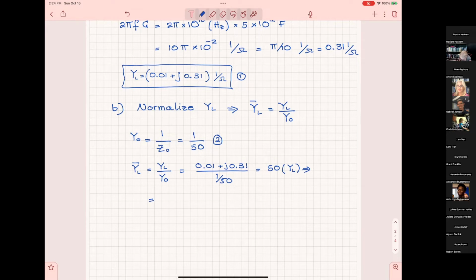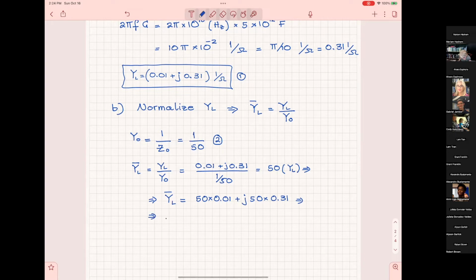So now what I find from here is that the normalized YL is equal to 50 times 0.01 plus j 50 times 0.31. And of course, since I normalized it, this is a pure complex number.